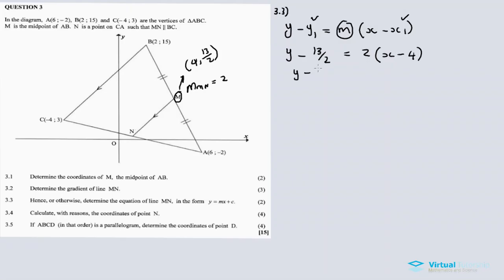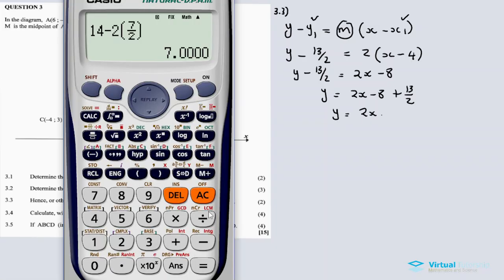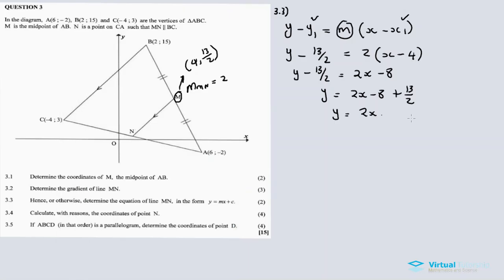So y minus 13 over 2 is equal to 2x minus 8, y is equal to 2x minus 8 plus 13 over 2, y is equal to 2x, and then negative 8 plus 13 over 2 is negative 3 over 2.